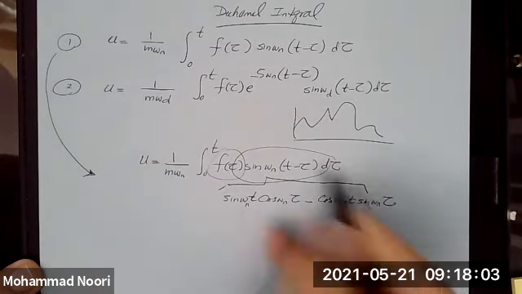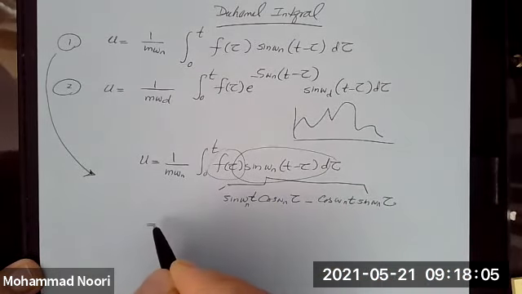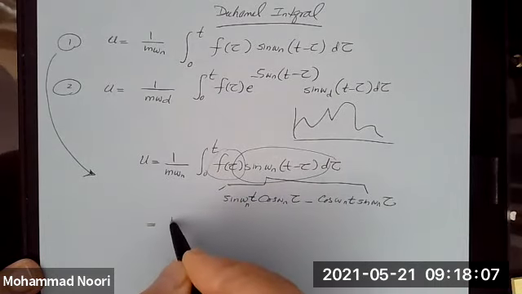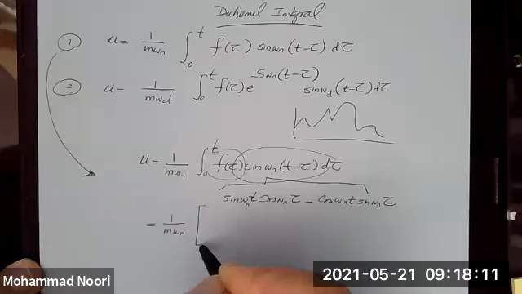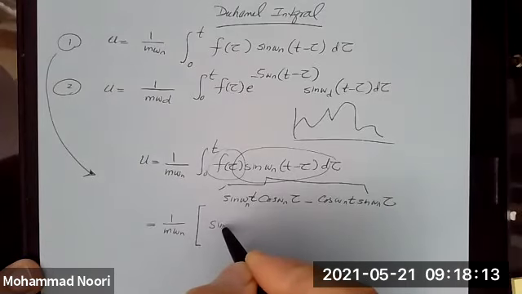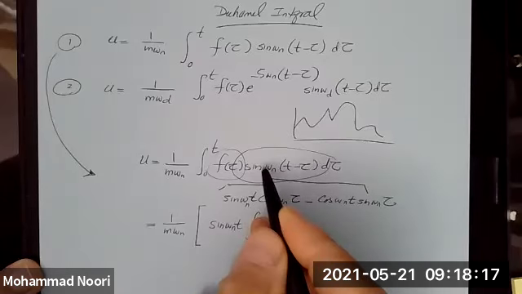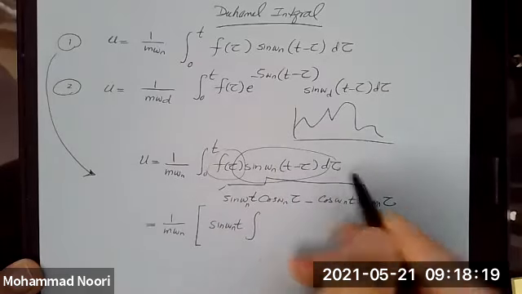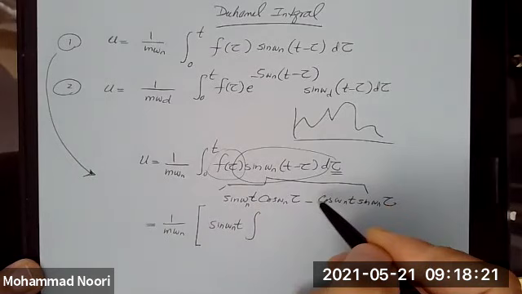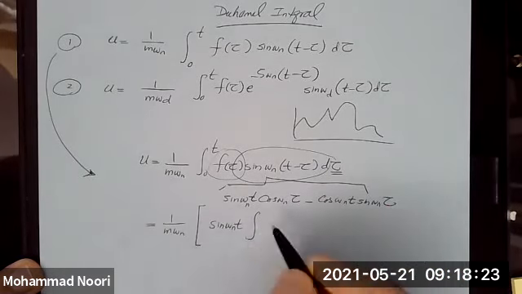Simplifying this, you get 1 over m omega n times sine omega n t, because t is a constant and the variable of integration is this dummy variable tau, so it comes out of the integral.